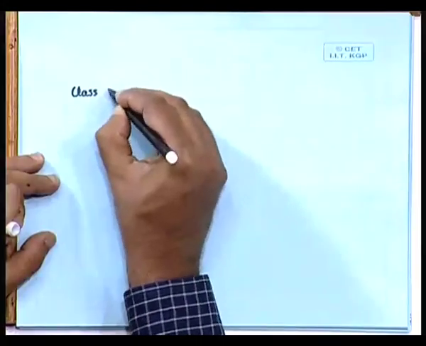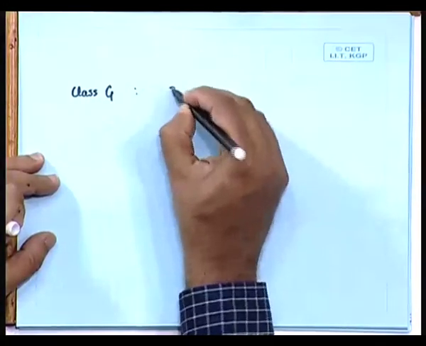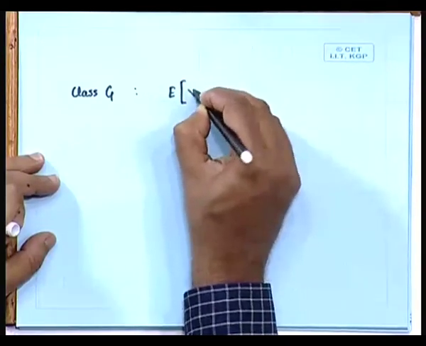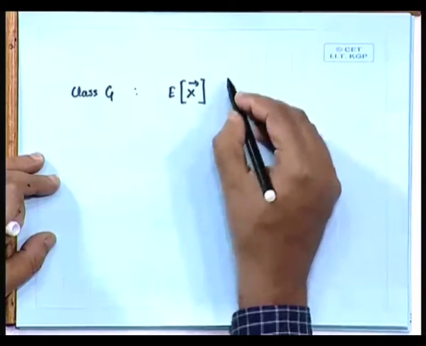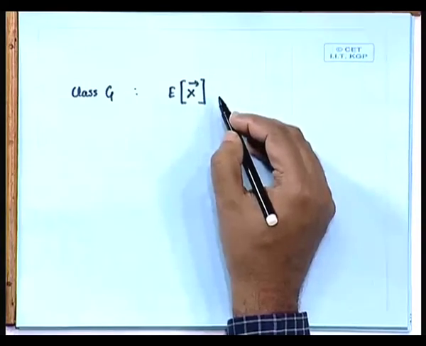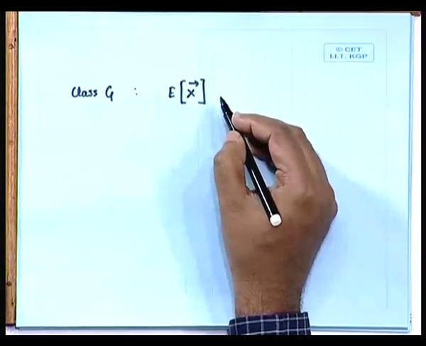So let us consider a two class classifier problem where for the class C1 the expectation of this random variable X, capital X, will be equal to the mean.